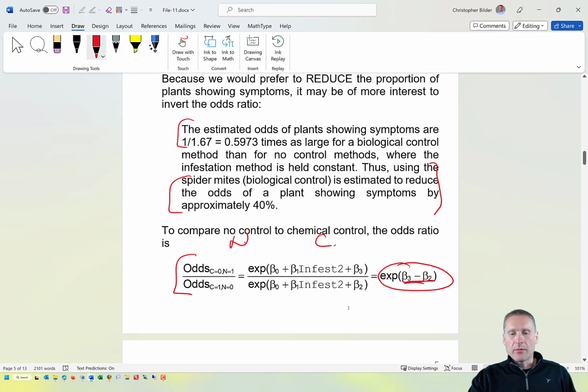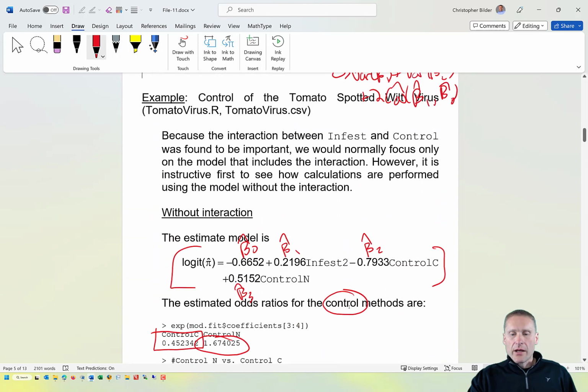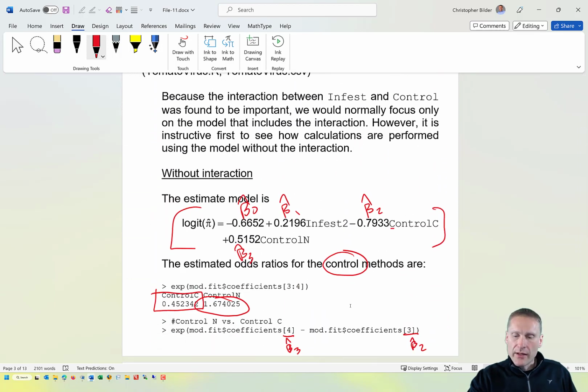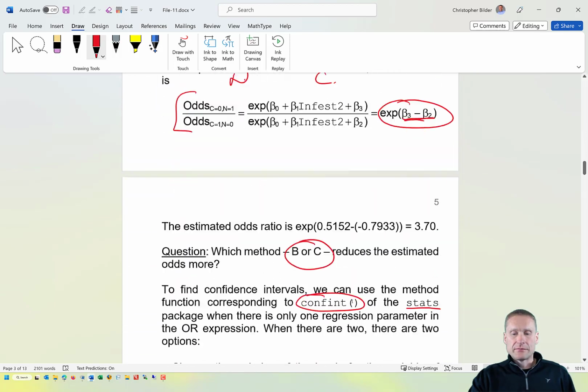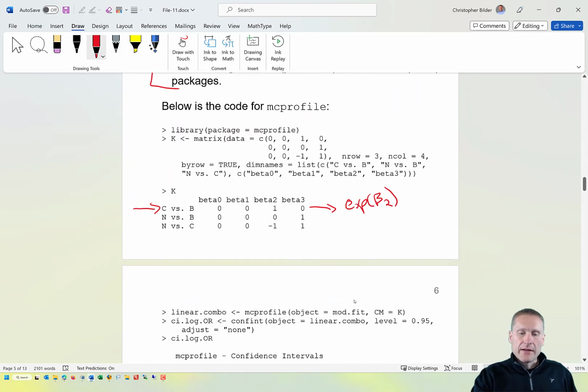Let's go back up to our model. Remember, beta hat 2 is the coefficient on the C indicator variable. That's why I was using that. Next, the N versus B. This will allow me to eventually find the odds ratio corresponding to the exponential function evaluated at beta 3. Remember, beta hat 3 corresponded to the N indicator variable.